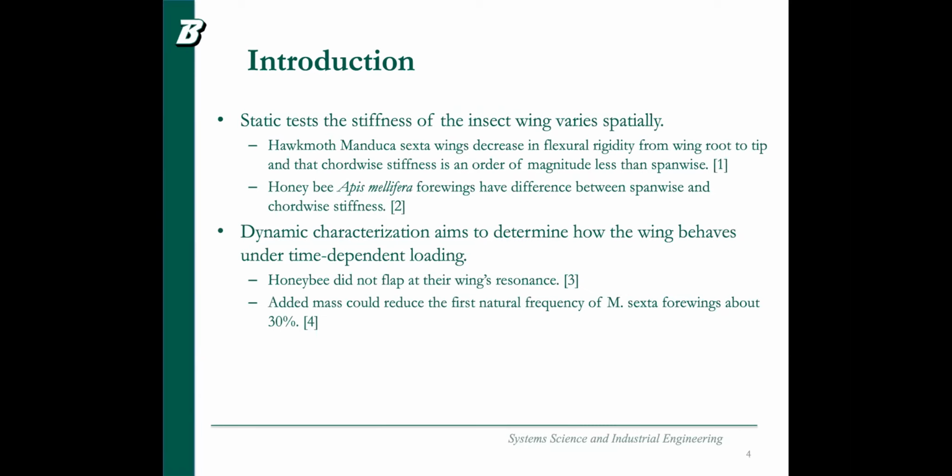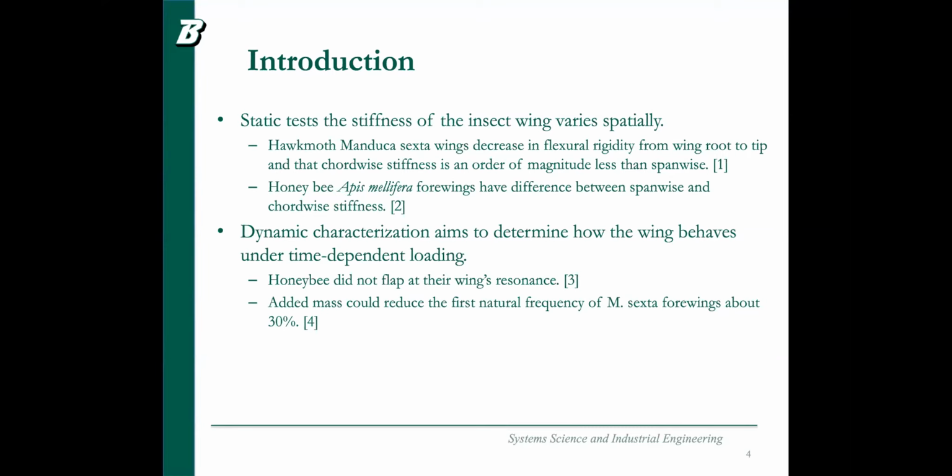There is some existing research about wing static and dynamic characterization. For example, for a static test, the stiffness is very important. Researchers tested various different species and different wings. For example, the hawkmoth Manduca sexta wing decreases in flexural rigidity from the wing root to the tip, because the root always has wider vein structures.